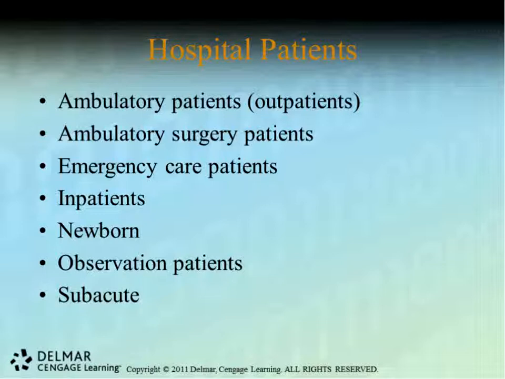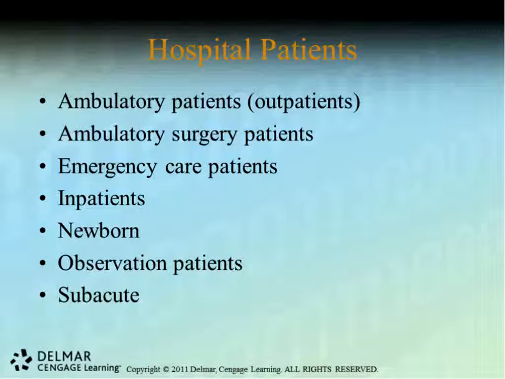And so what they will do is put them on observation status. And this is where they're going to monitor them. They will occupy a bed while they evaluate their condition. All right, so these are called observation patients. So they're not inpatients at that point, unless they formally admit them to a hospital or acute care, then they will be an inpatient.